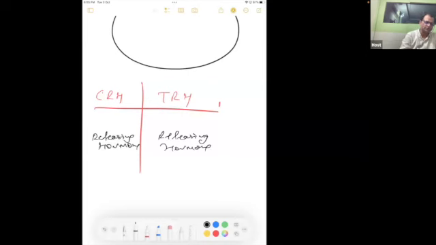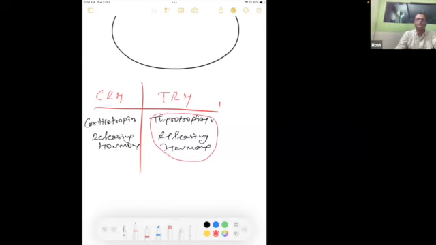But CRH means corticotropin. And T means thyrotropin. It means this thyrotropin will decide how much work.